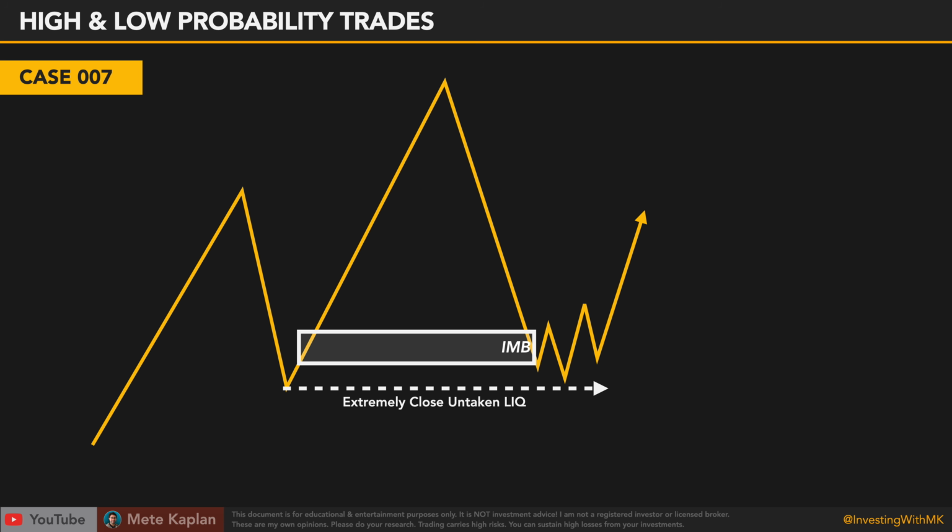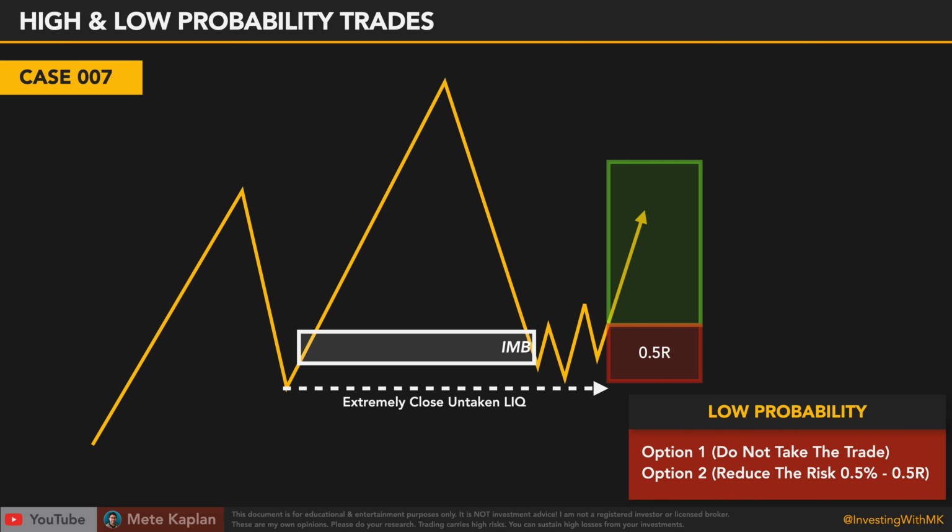Why don't you take the liquidity right here, while we are so close? This creates significant risks for us. Why take the risk? It is best to skip this trade and wait for the stop loss hunt, or we can easily reduce the risk and manage our account.